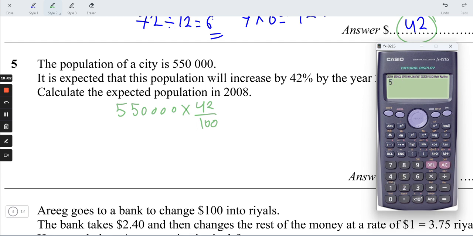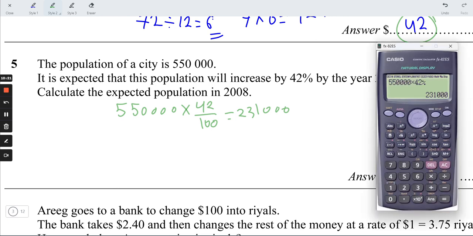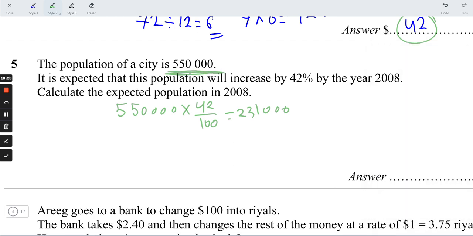So 550,000 times 42% equal 231,000. Yes, this is the number that we got. Now this number, you should add to it the number 550,000, which is the population before 2008.